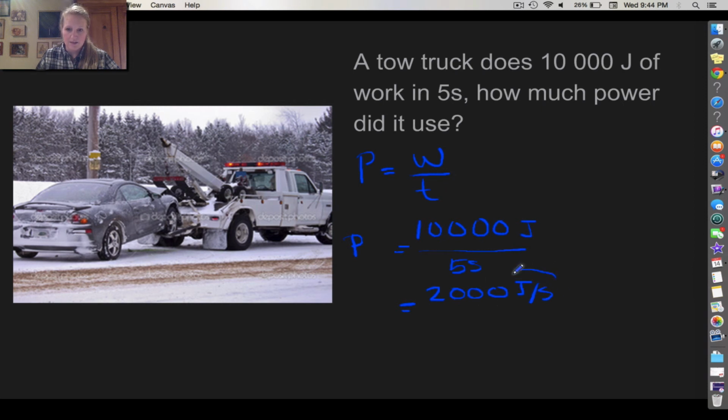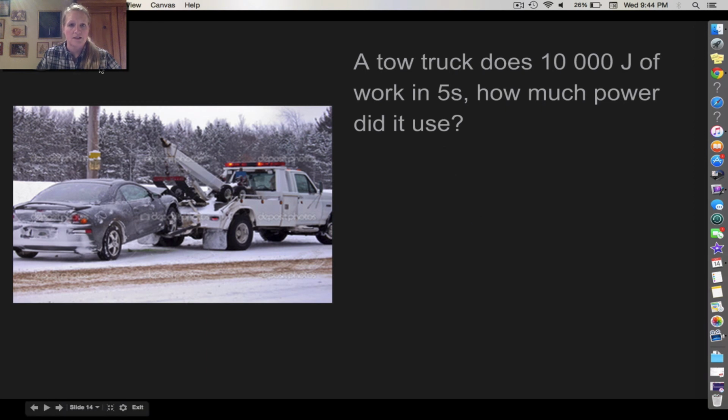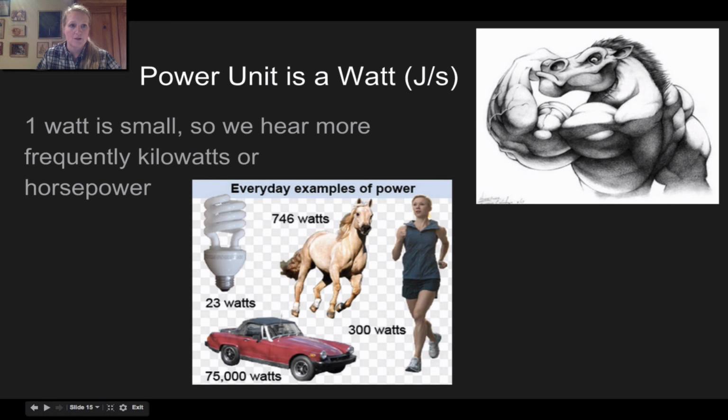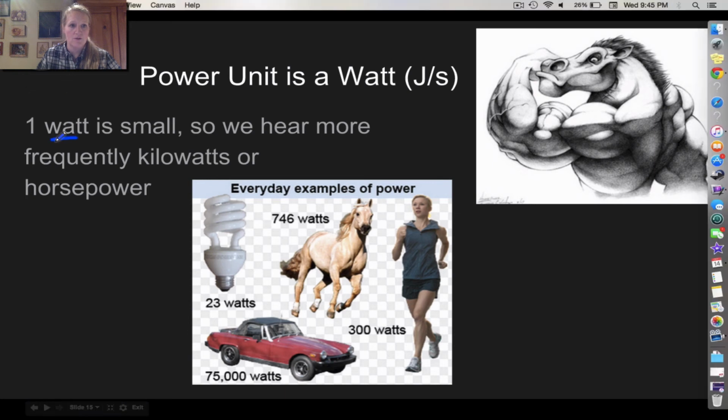What this unit is, the next slide will talk to us, but that's the unit for that. But power is actually measured more in watts. Okay, so watts is our unit of power that we use. One watt is actually super small, and so when you look at it, this light bulb requires 23 watts. When you think about horsepower, by the way, and that's why I have this great picture of this, we talk about an engine having this many horsepower, right?